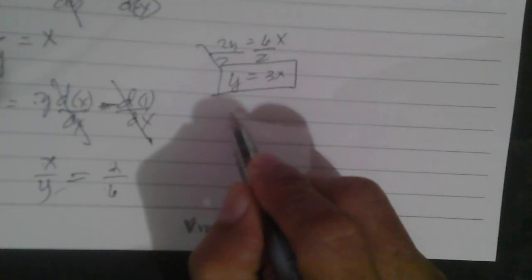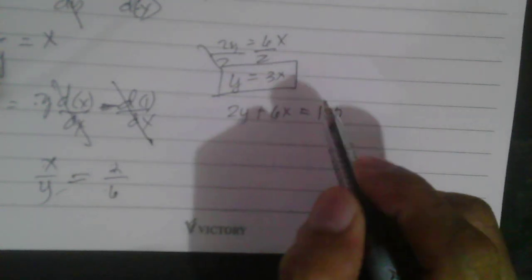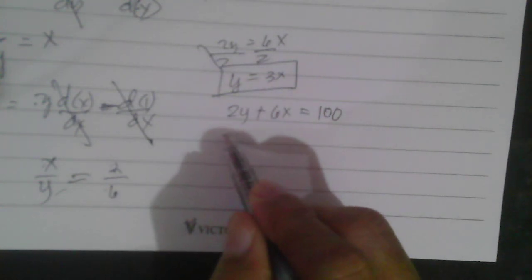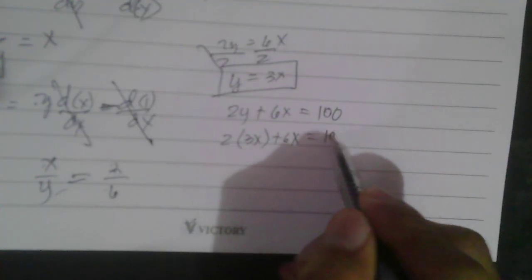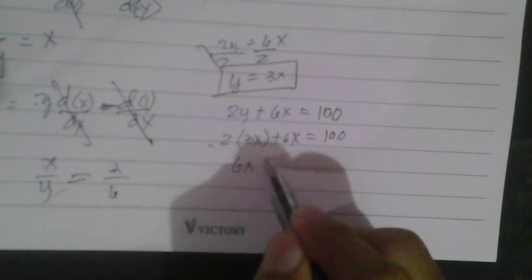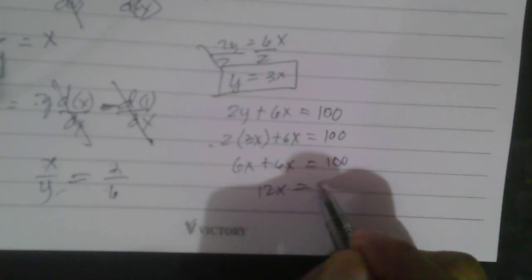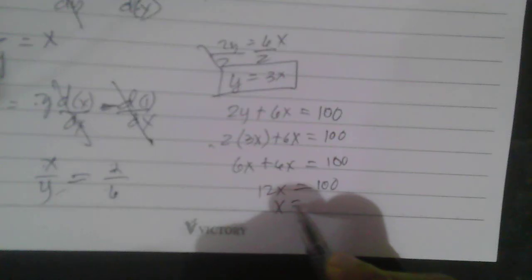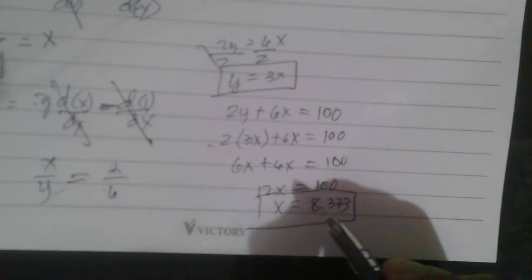Easy, very quick. So if the budget is 2y plus 6x equals 100, then 2 times 3x plus 6x equals 100. That is 6x plus 6x, 12x equals 100. x is equal to 8.333. That's it, it's not difficult.